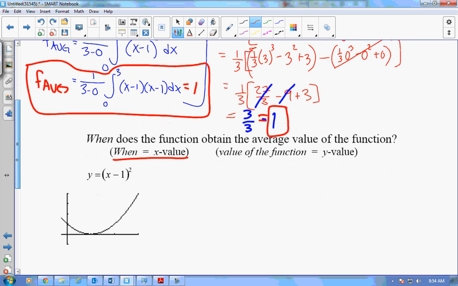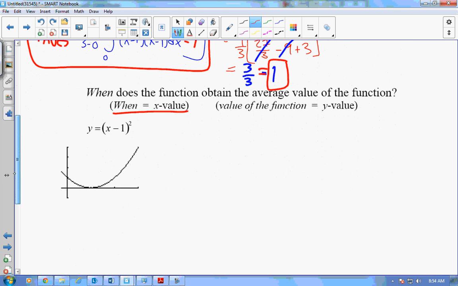What was the function? x minus 1 squared. That's when we obtain the average value, when it equals 1.